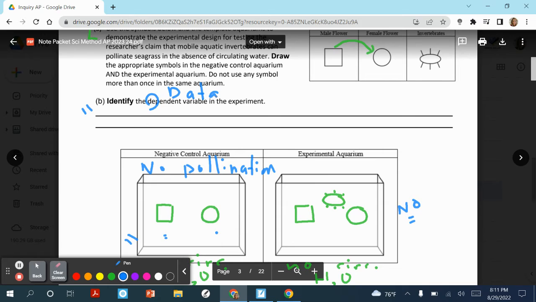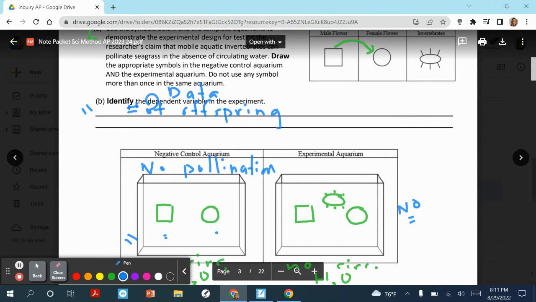Well, one thing that we could write down is we could actually count. Once pollination happens, you're going to get offspring. So one thing we could say is the dependent variable could be the number of offspring. Okay, and I'm not going to write this whole thing out, but we could say the dependent variable could be the number of offspring. I'm doing what you're not supposed to do. So we'd actually write a complete sentence here.